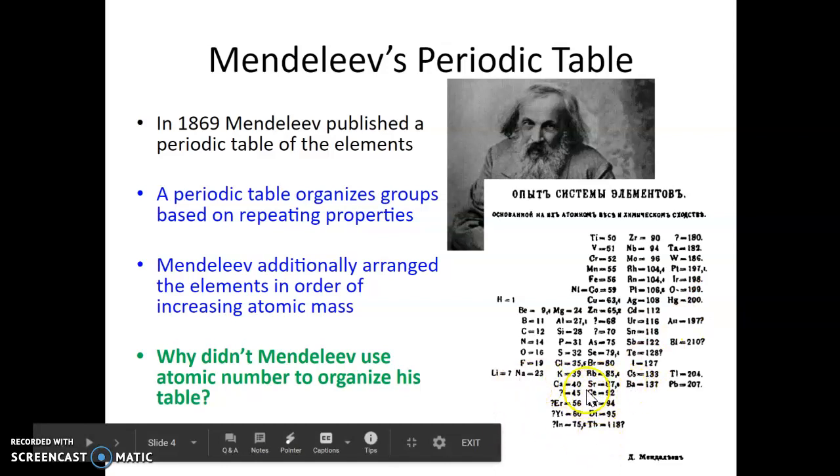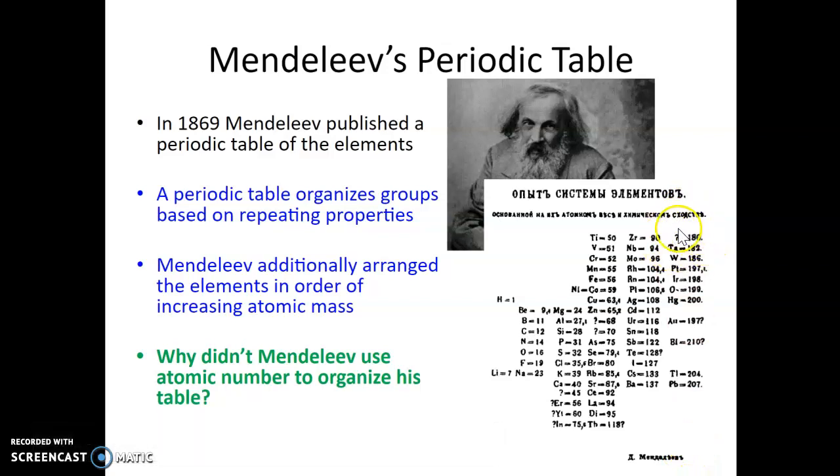So down here in this lower left corner also, you can see there's more where he's like, do these really go here? Maybe, maybe not. But yeah, he started to make these predictions, like this element, 180, it's got to exist because there's a hole, and that to me is pretty incredible.